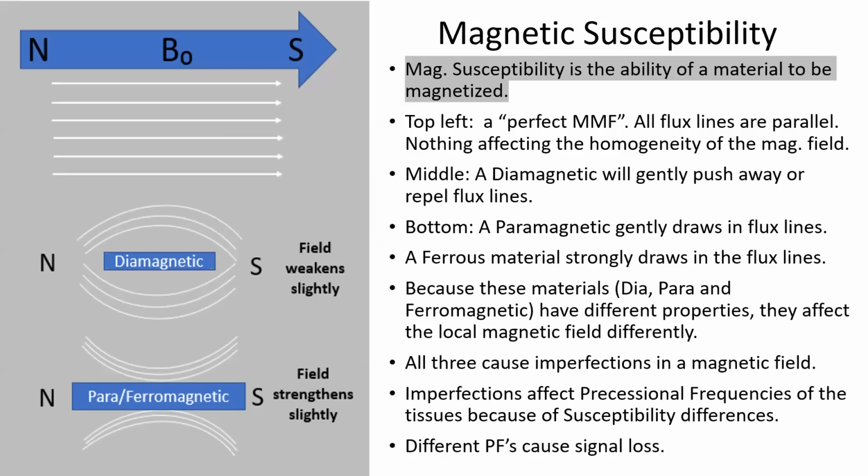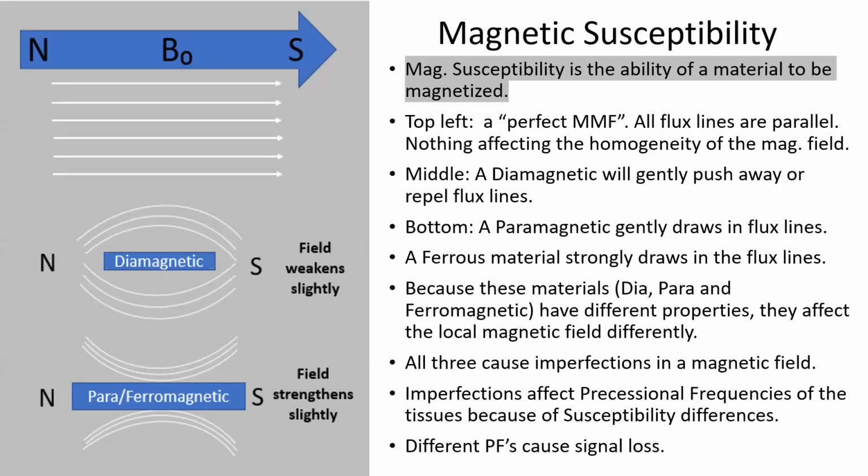Okay, the middle, where you see diamagnetic, what's happening is diamagnetic, like water, very slightly repels the field. That's fine. But then you've got paramagnetic and ferrous materials that will bring the field into itself. So you've got someone pushing it away and somebody pulling it in. When those two are right next to each other, you get those little black holes like you saw earlier.